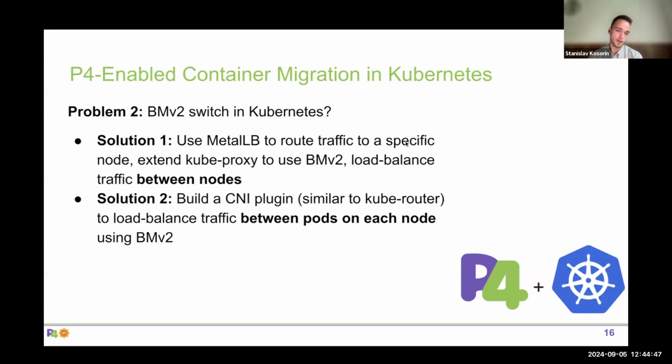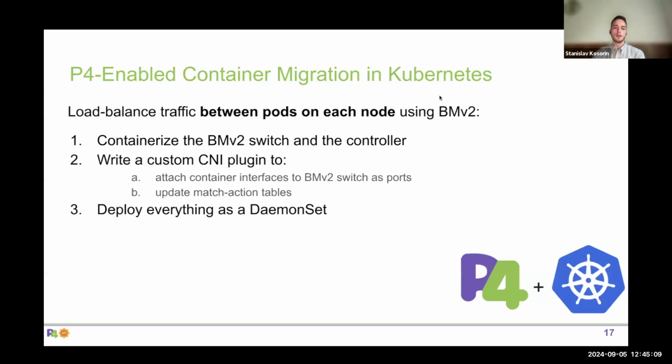The second option is to build a CNI plugin, in a way similar to kube-router, to load balance traffic between pods on one node using BMV2. Because of the resources available in the project and the time, and also because we didn't have a multi-node cluster, we decided to run with option 2. This included containerizing the BMV2 switch and the controller, which was pretty straightforward, given the resources from the P4 community.